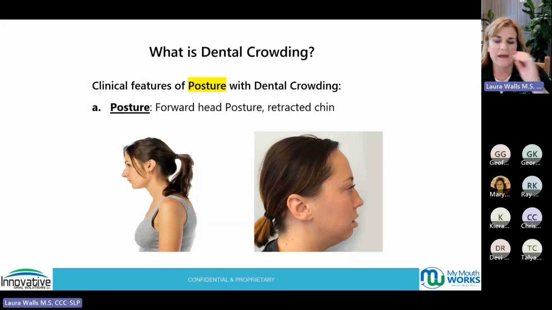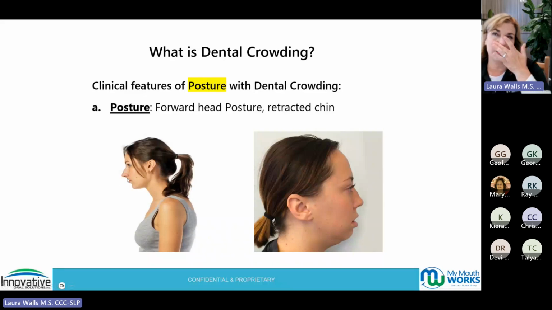So one of the items that we look at is posture. With dental crowding, you typically see forward head posture, like here. This is one of my patients and her head is forward.